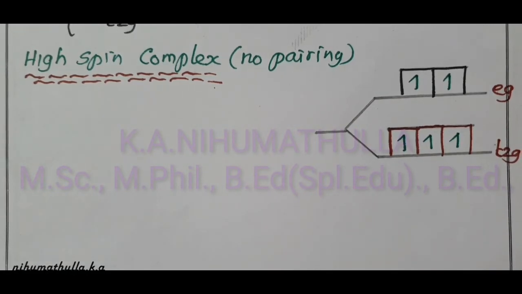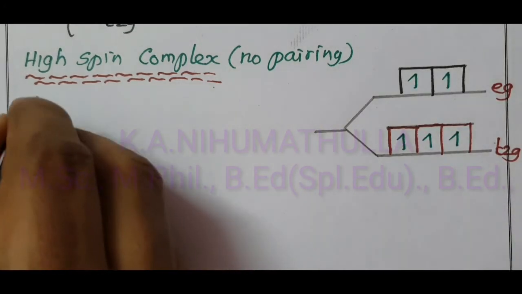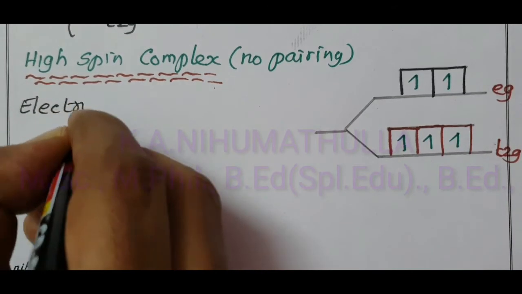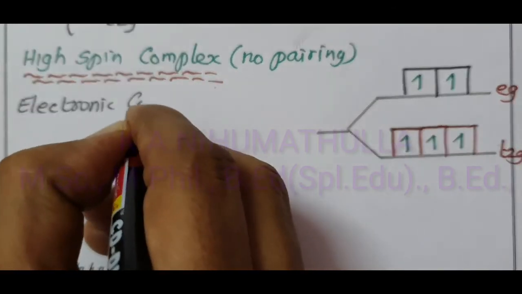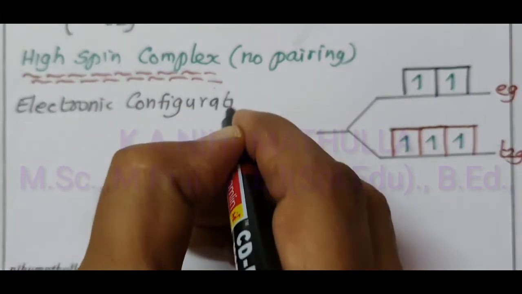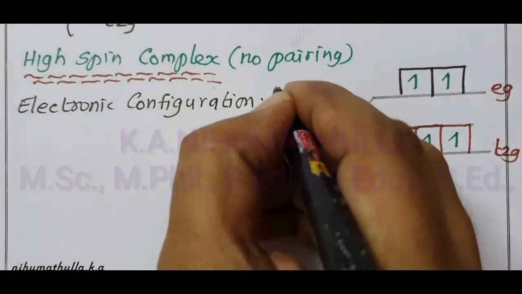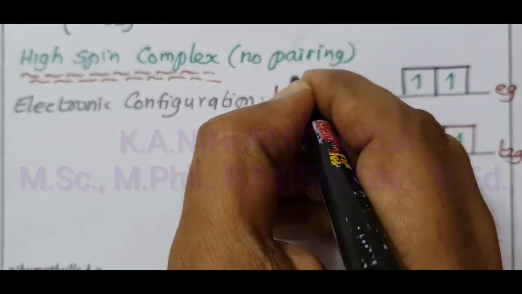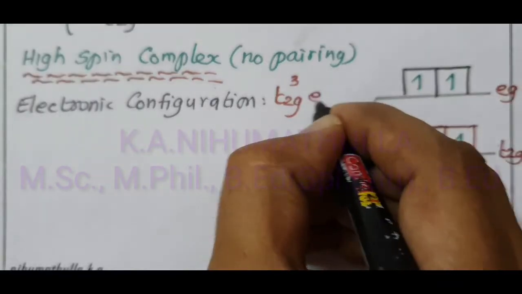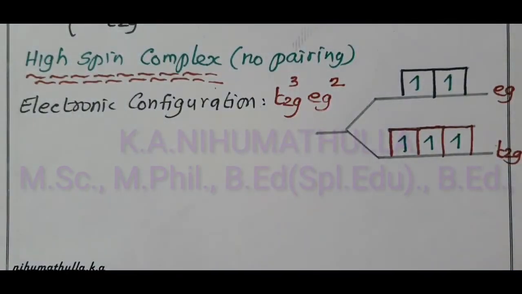Now I am going to write the electronic configuration for high spin complexes, the arrangement of electrons in different orbitals. In t2g we have 3 electrons, and in eg we have only 2 electrons. This is the electronic configuration.